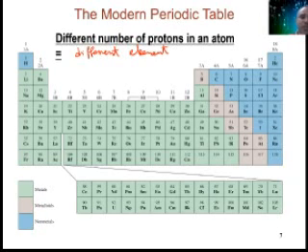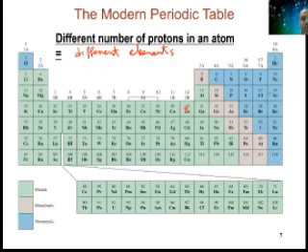And again, we arrange these different elements in the order of increasing atomic number to build up the modern periodic table. And we will get a periodic table that looks like this, with an increasing order of the atomic number. And it's going to be made out of vertical columns that are called groups, and horizontal rows that are called periods.